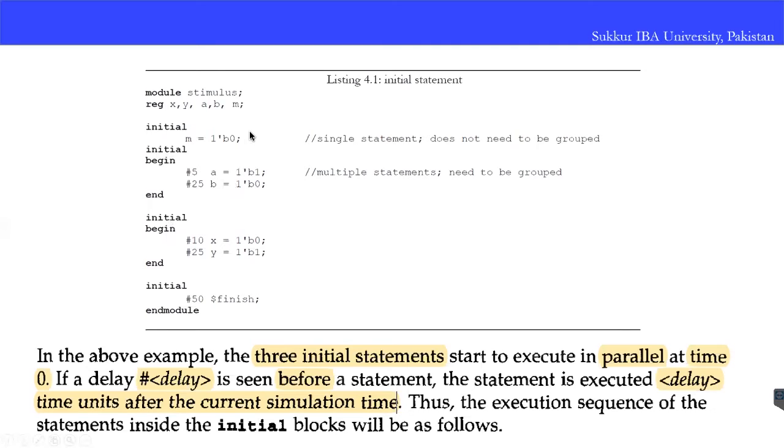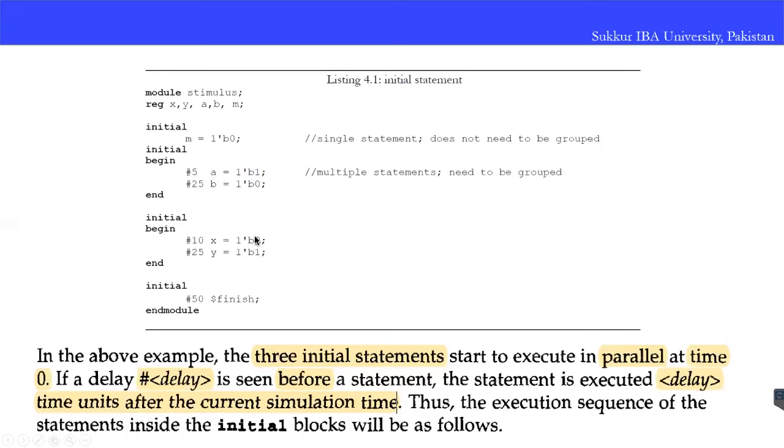In the first initial statement, there's a single procedural assignment. There's only one initialization: m is initialized to 0. In the second initial statement, there are two initializations: a is initialized to 1, b is initialized to 0. In the third initial statement, there are two initializations. Because there is more than one initialization, we have grouped these statements using begin and end.